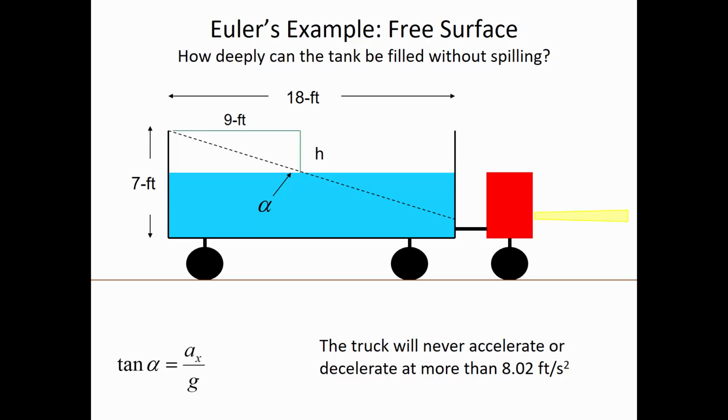So, rearranging, the opposite is the adjacent multiplied by the tangent of the angle.